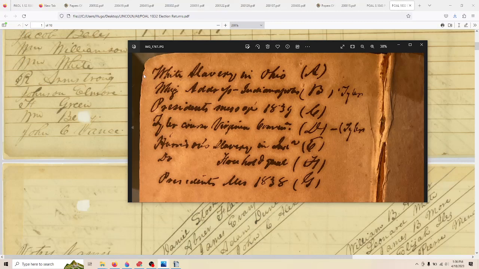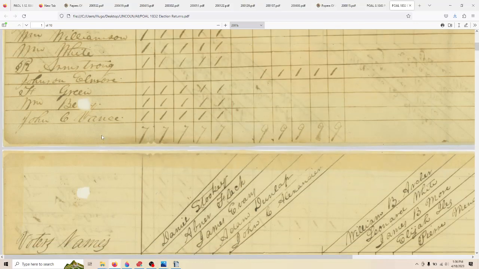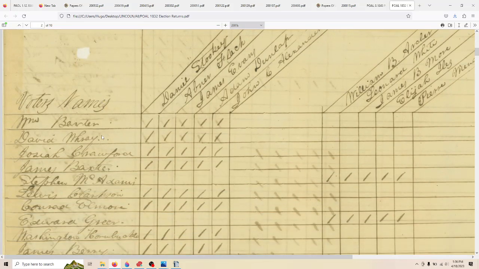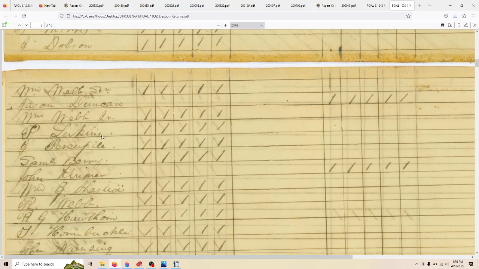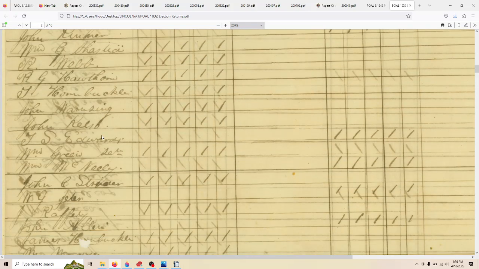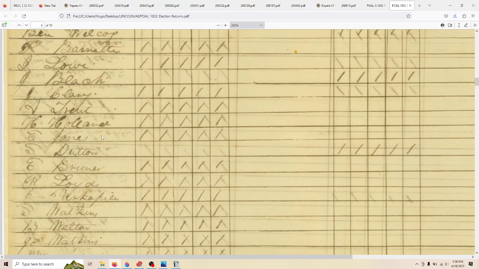You can see it in the F. And there are other samples of it too.